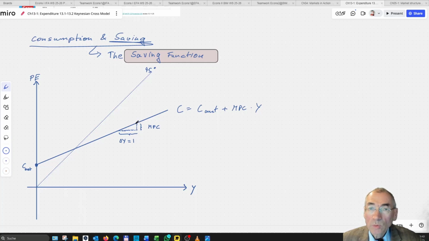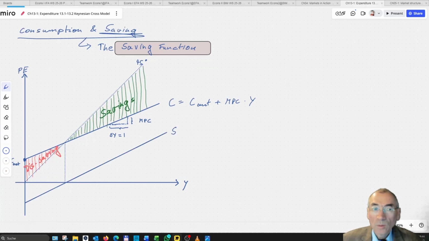That means that we can also draw a saving function similar to the consumption function. We can show these areas of dissaving and saving, or in fact, the shaded area then represents our savings, the amount of money that we put aside, typically in the bank. Here it becomes bigger the more we earn. And at the same time, this intersection between the 45-degree line and the consumption function is that point where our savings become zero.